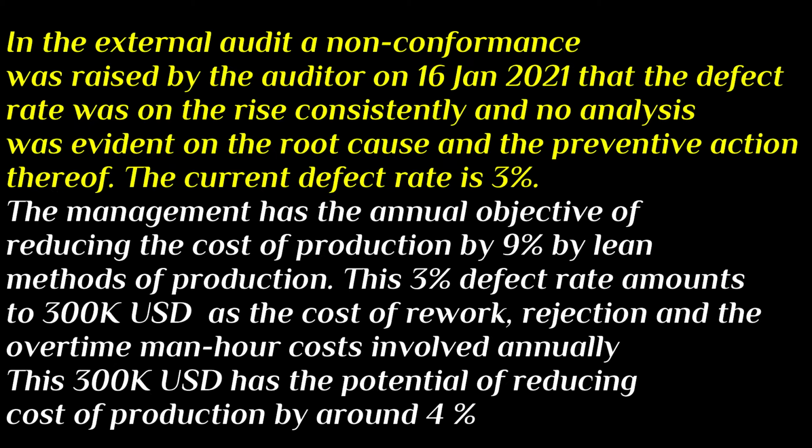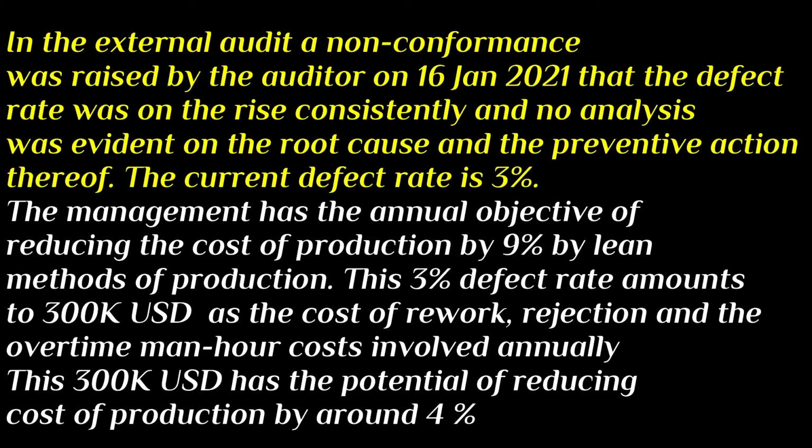So now let's take a look at an example of a business case. It says, in the external audit, a non-conformance was raised by the auditor on 16th January 2021. So he's being specific here that the defect rate was on the rise consistently and no analysis was evident on the root cause and the preventive action taken thereof.